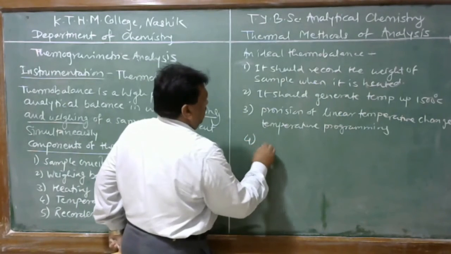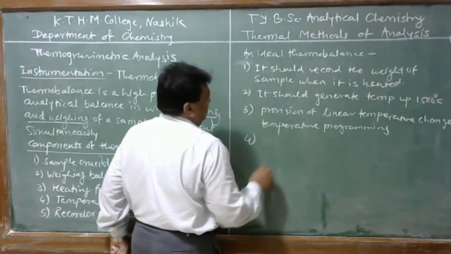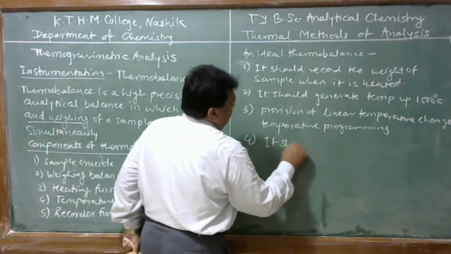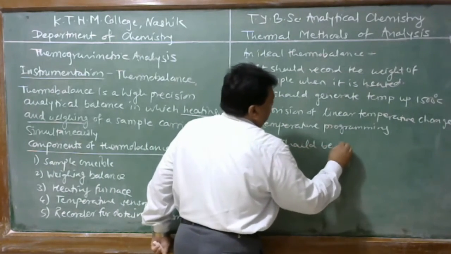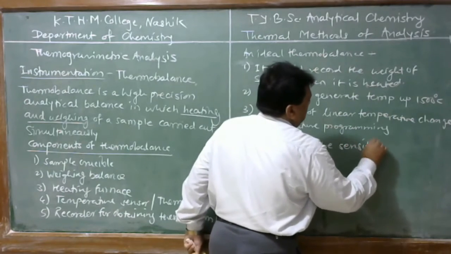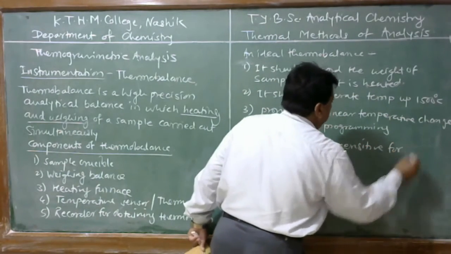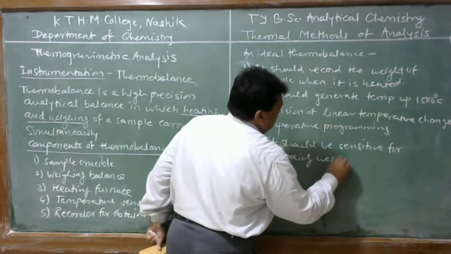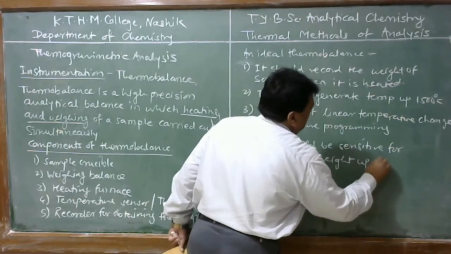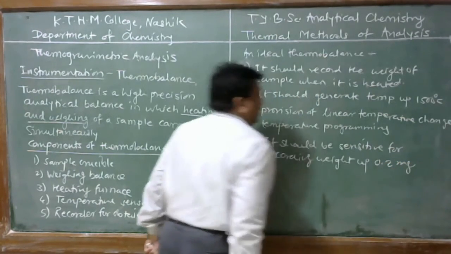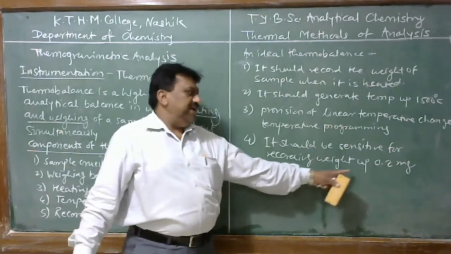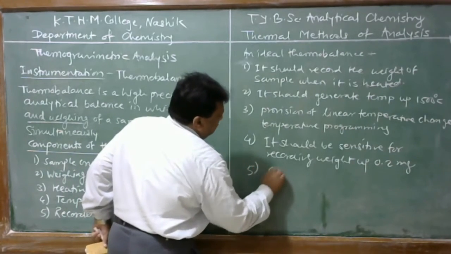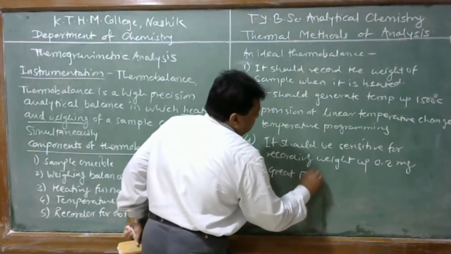Number four, it should have good precision and be highly sensitive. It should be sensitive for recording weight changes up to 0.2 milligram, and it should have great precision.